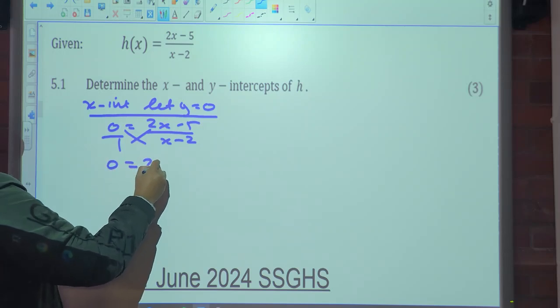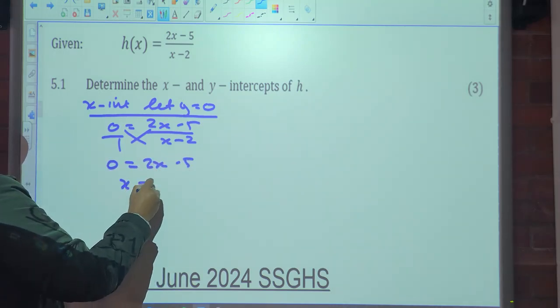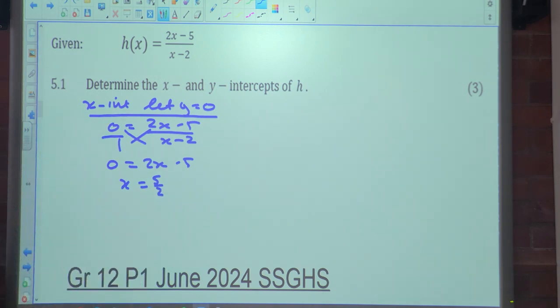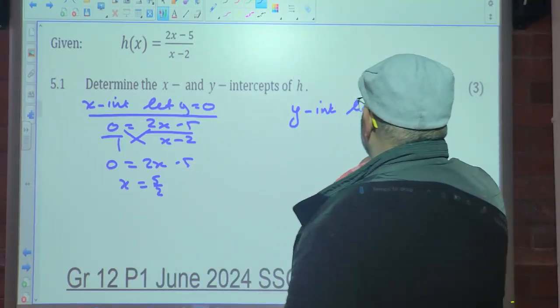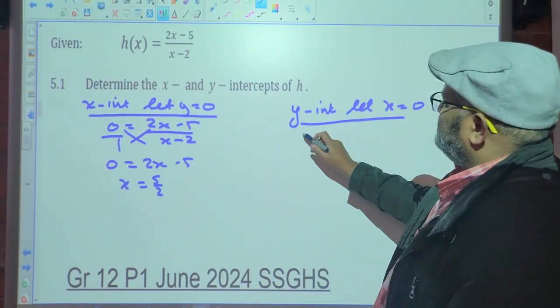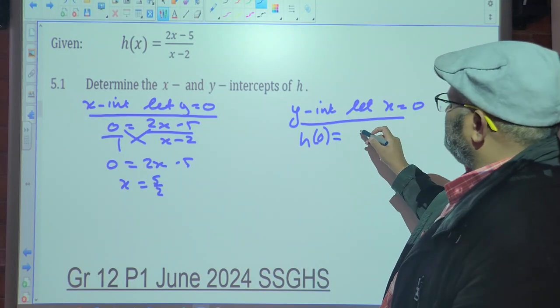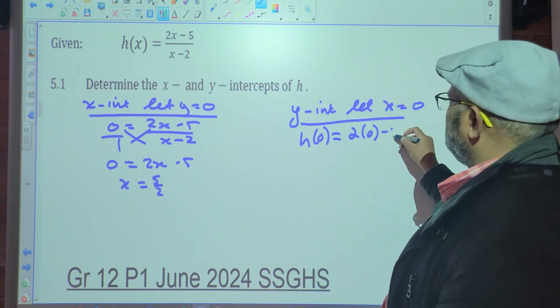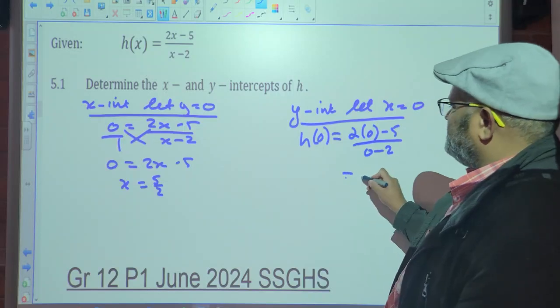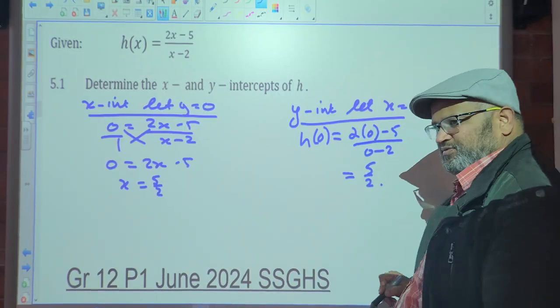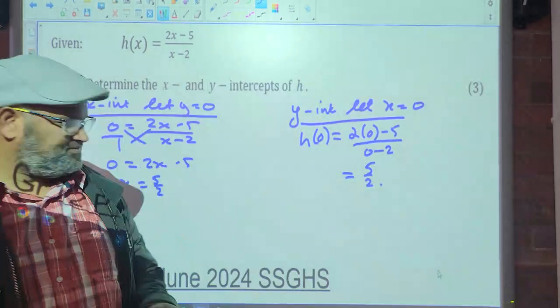So 0 = 2x - 5. So x works out to be 5 over 2. Then your y-intercept. What do you do for the y-intercept? Let x equal to 0. So h(0) is equal to 2 times 0 minus 5, which is -5, over 0 minus 2, which is -2. Also gives you 5 over 2. Not so?